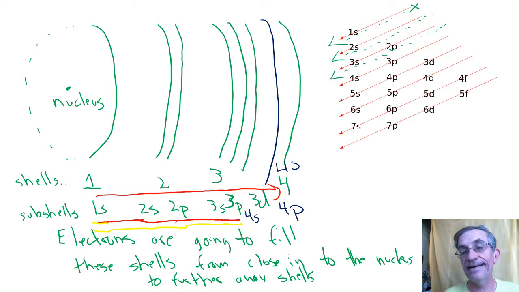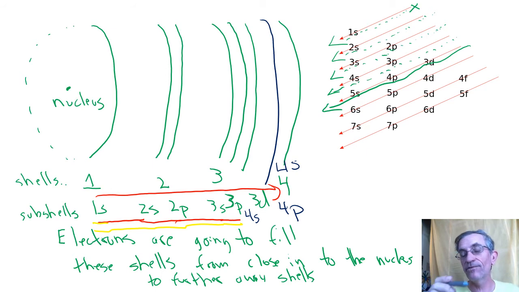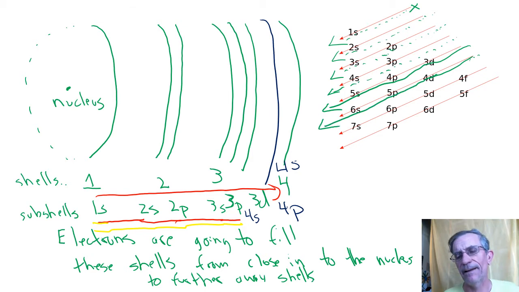When you get to the end of that arrow, you start going down the next. So after 3s, it's going to be 3p, 4s. Then hit the next arrow: 3d, 4p, 5s. So when you get to the end of one arrow, you move to the next arrow and follow it all the way down, and then you go back. So then it'll be 4d, 5p, 6s. All right, this might make more sense when we practice in a minute, okay?